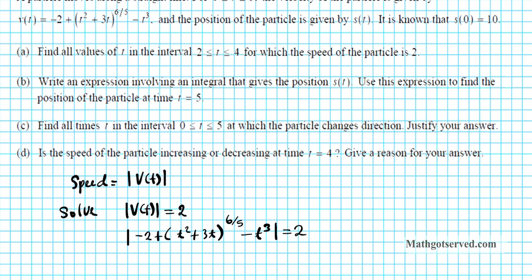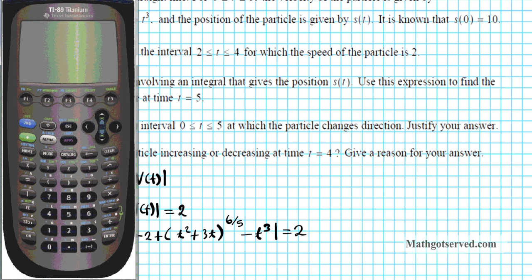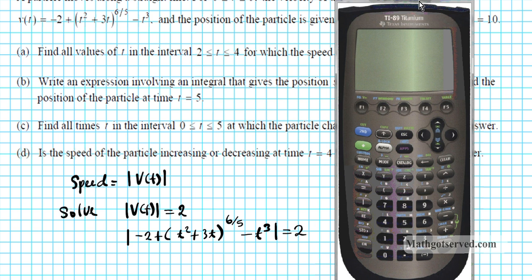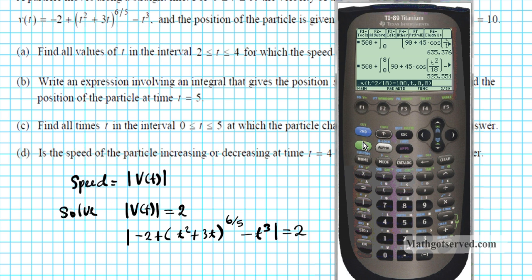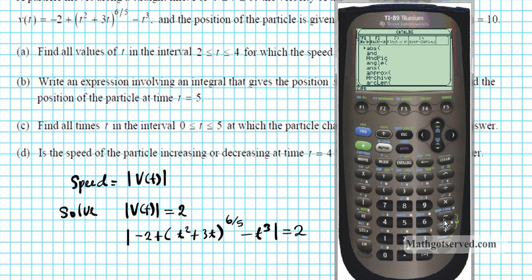So let's use the TI-89 Titanium first. Now an easy way to do this is to graph both functions. So the first function is absolute value. You go to catalog, ABS is absolute value, and enter the function carefully.